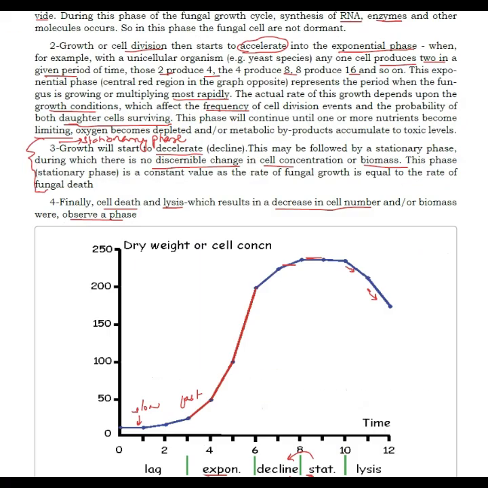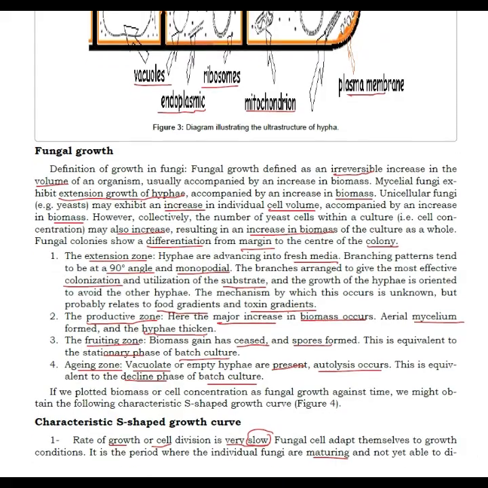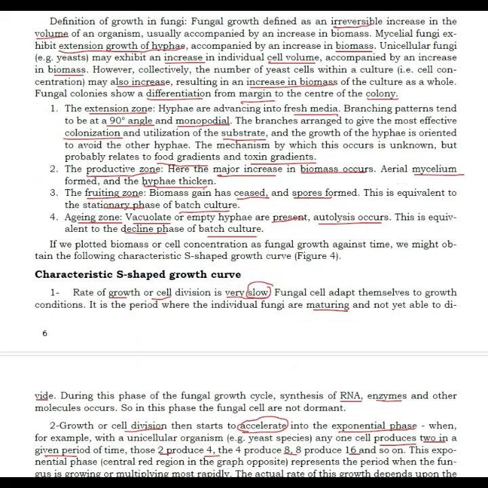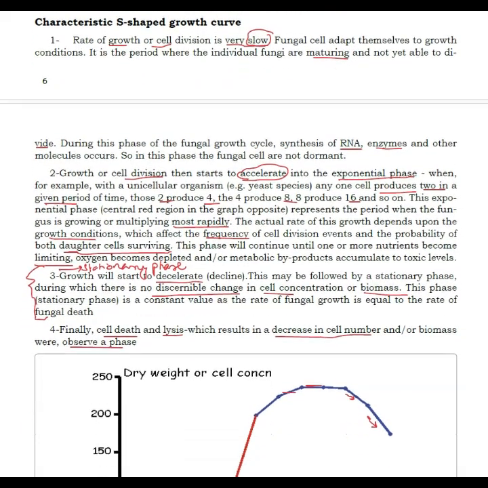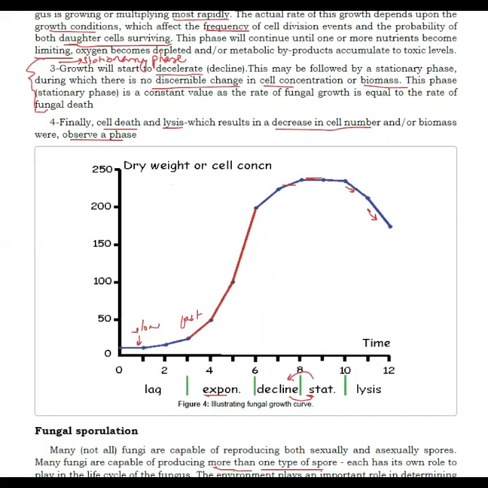We started with fungal growth, the different phases of fungal growth: extension, productive, fruiting zone, aging zone. Characteristics of the S-shaped growth curve: first there is lag phase and exponential phase, then in most cases stationary phase, sometimes a decline phase, and then lysis phase.